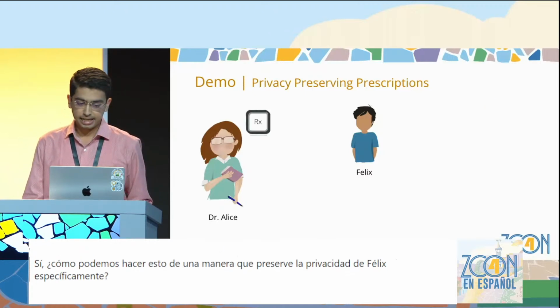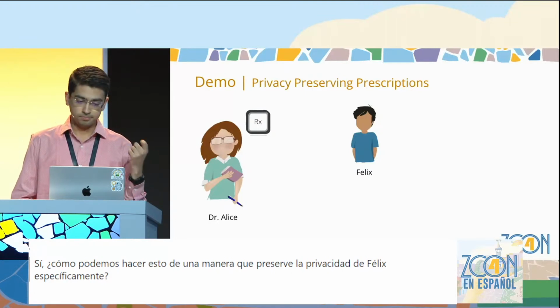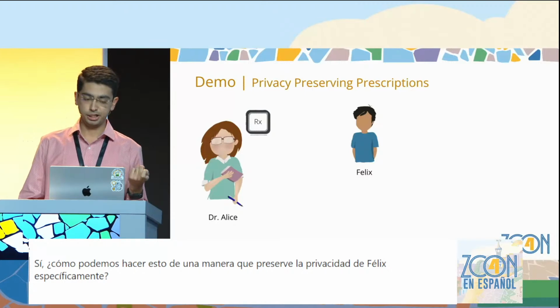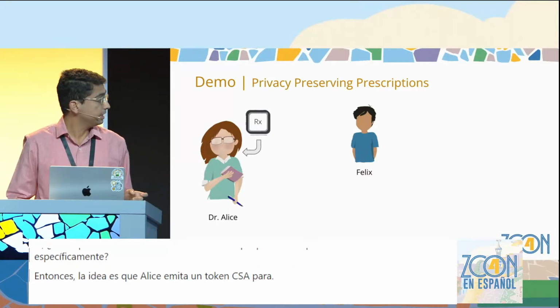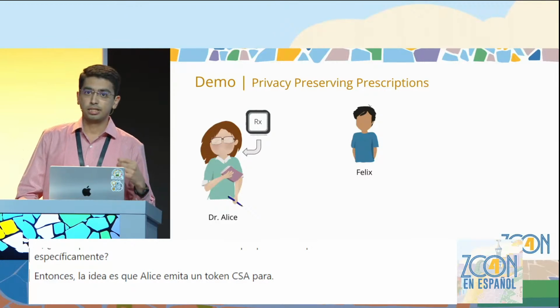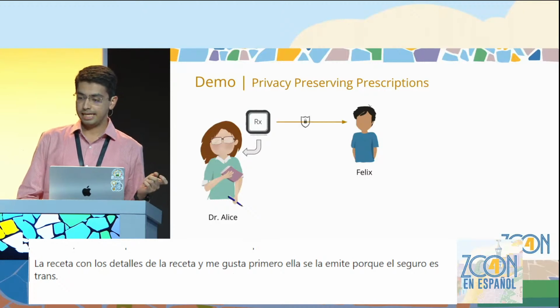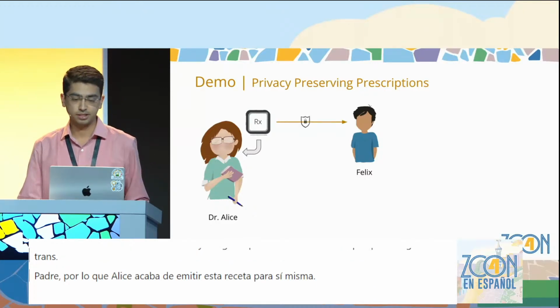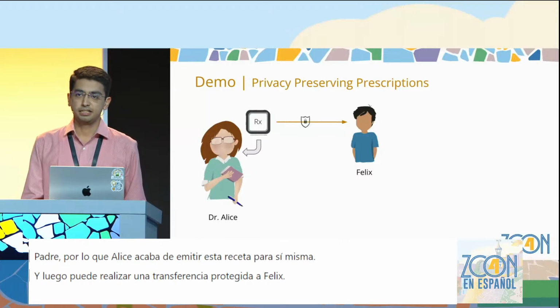The idea is that Alice issues a ZSA token for the prescription with the details of the prescription. First she issues it to herself because the issuance is transparent. So this prescription is just issued by Alice to herself. And then she can later perform a shielded transfer to Felix. Since the transfer is shielded, it preserves the privacy.